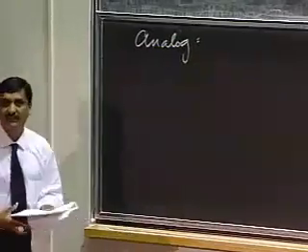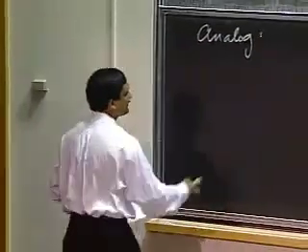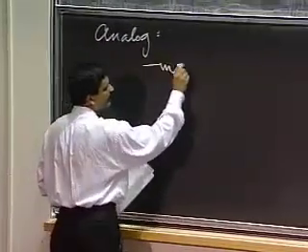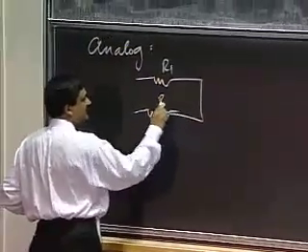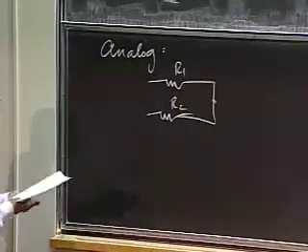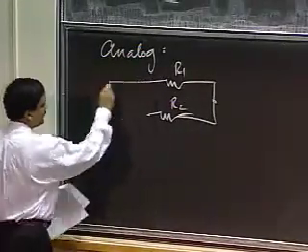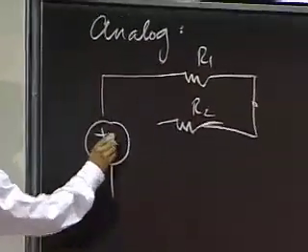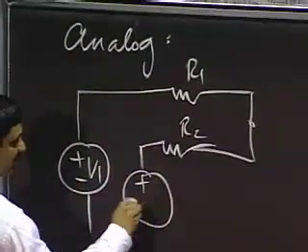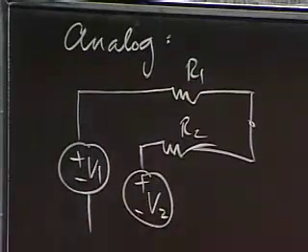I'm going to be motivating digital. So let's start with an analog circuit that looks like this. Two resistors, R1 and R2. I'm going to apply a voltage source here, V1, apply another one here, V2, and make this connection.